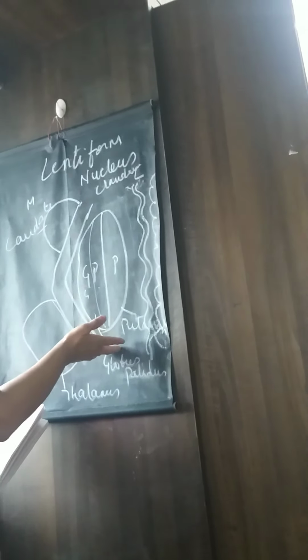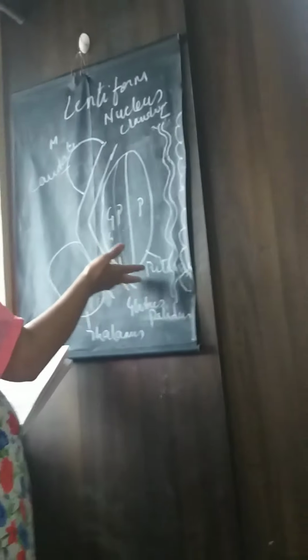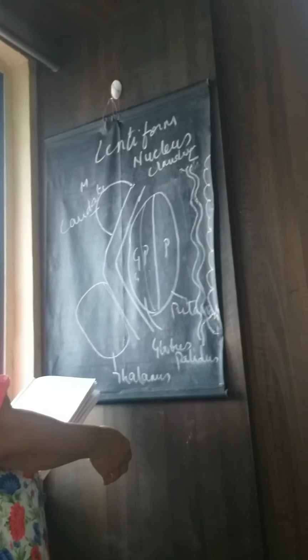And the inferior part is related to the sublentiform part of the internal capsule. It is separated from the optic tract, the tail of the caudate nucleus and the inferior horn of the lateral ventricle. So here you will have the tail of the caudate nucleus, and the inferior horn surrounding it.